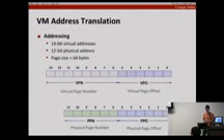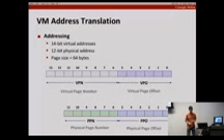Okay, so here we have an example. We've got 14 bits for our virtual addresses, 12 for our physical, and the page size is 64 bytes. Since we have 64 byte pages, we need 6 bits to index into them, because 2 to the 6 is 64. So our offsets are going to be 6 of these bits, and the rest are for the page numbers.